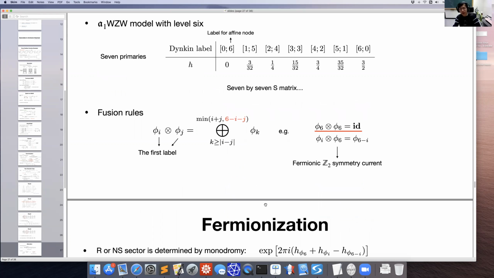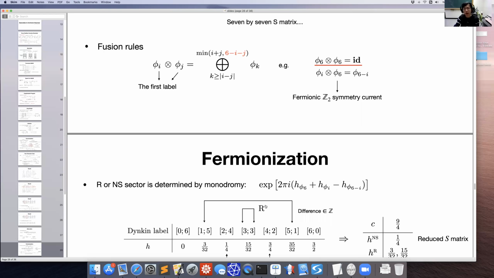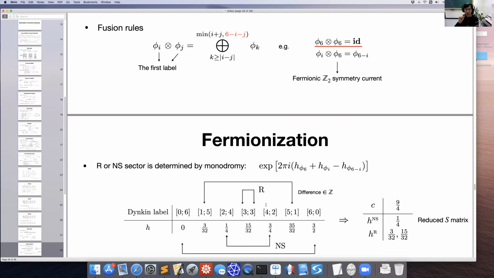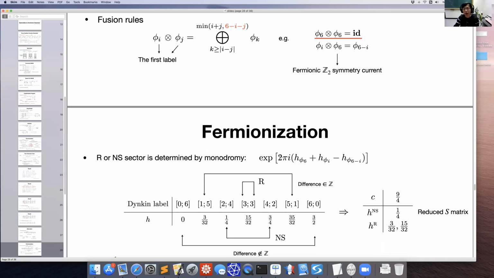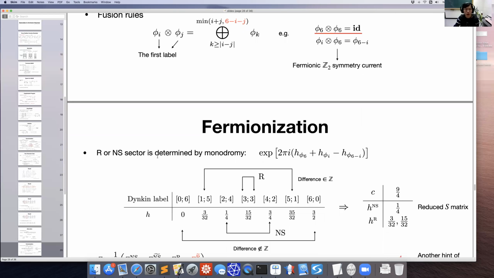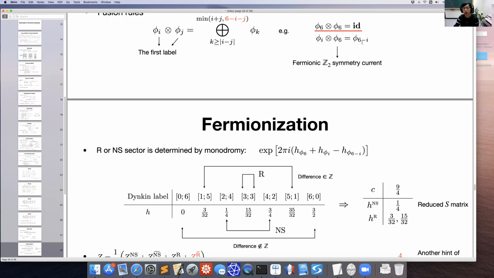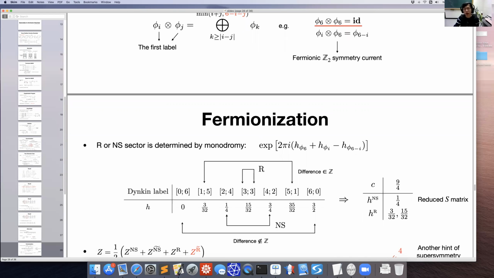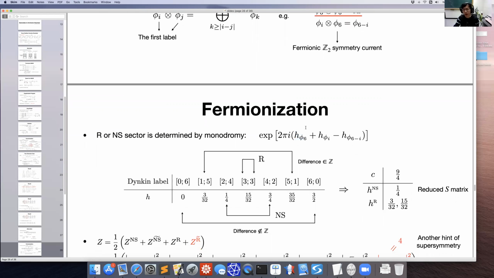Okay, and then let's try to understand again what fermionization means in terms of characters. And as I showed you before, the different sectors are determined by monodromy in the following form, by this constraint. Here it's very simple, because h is a half, this h56 is a half integer. So being plus or minus 1 just means that the difference is an integer or half integer.